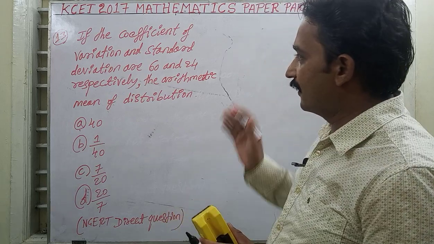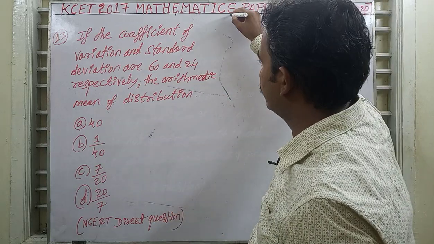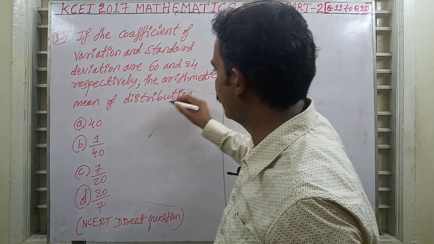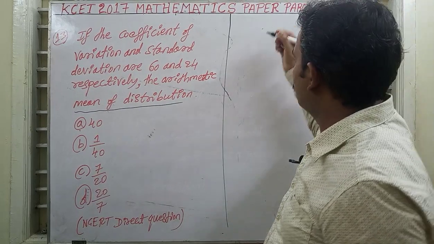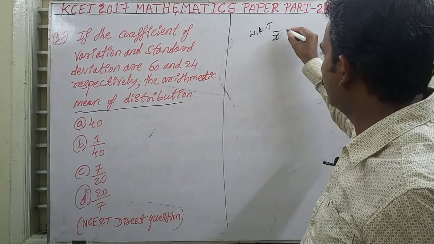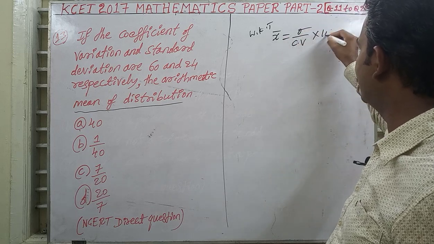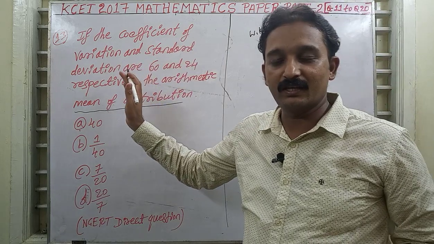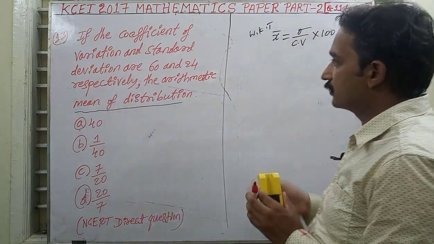We know the formula, and using it we have to find out the mean of the distribution easily. So using the formula, x bar is equal to sigma divided by coefficient of variance into 100. This is a repeated question, three or four times repeated in KCET, so easily we can solve this question.